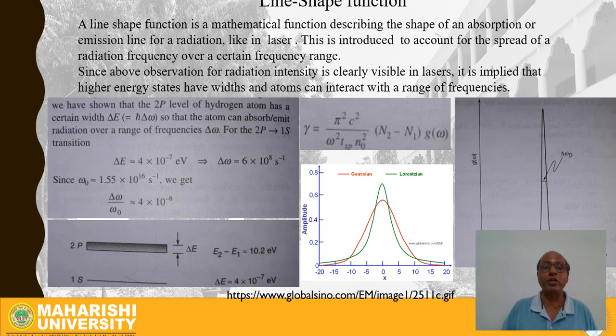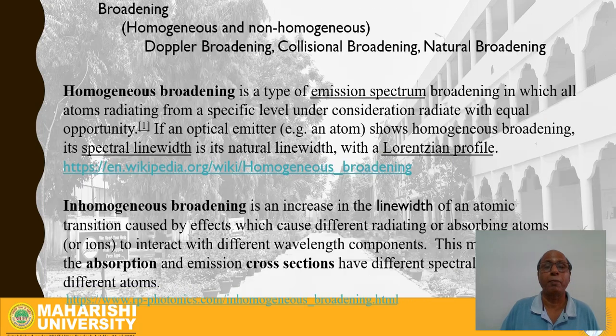Now we'll move on to discuss the various types of broadening. The broadening is of two types: homogeneous broadening and non-homogeneous broadening. Under this we will discuss Doppler broadening, collisional broadening, and natural broadening. What is homogeneous broadening? Homogeneous broadening is a type of emission spectrum broadening in which all atoms radiating from a specific level under consideration radiate with equal opportunity.